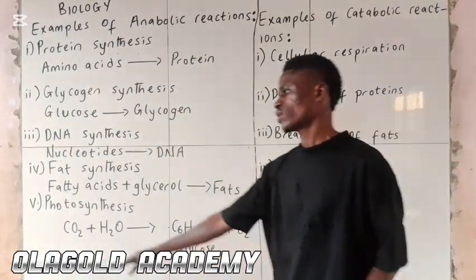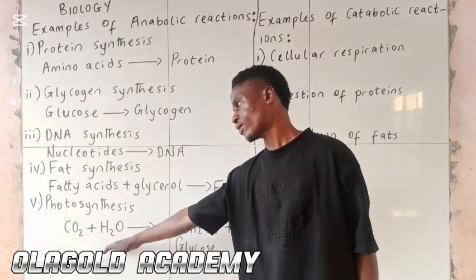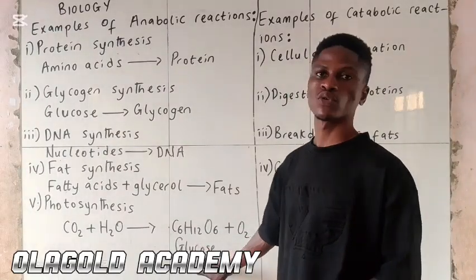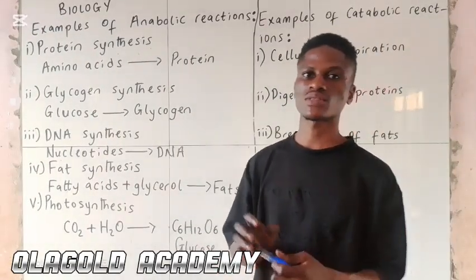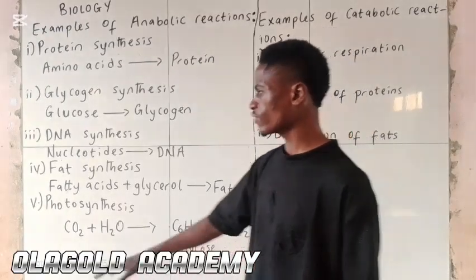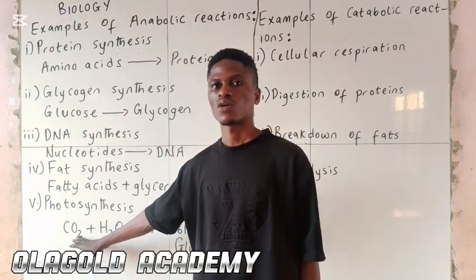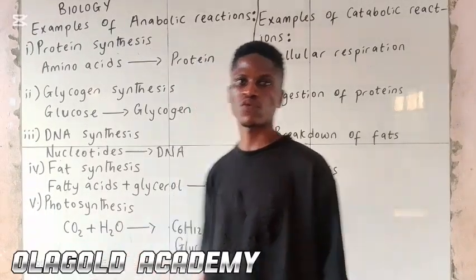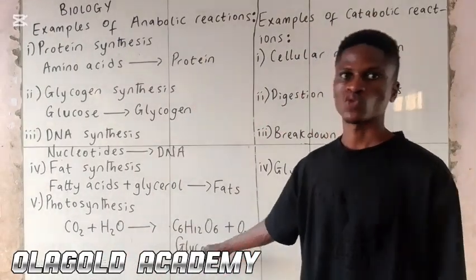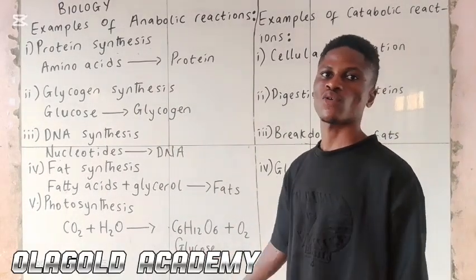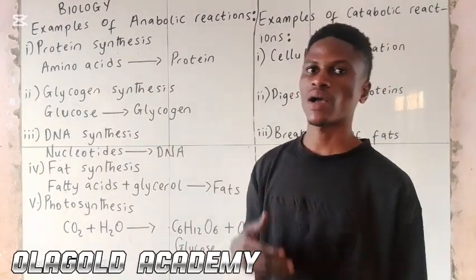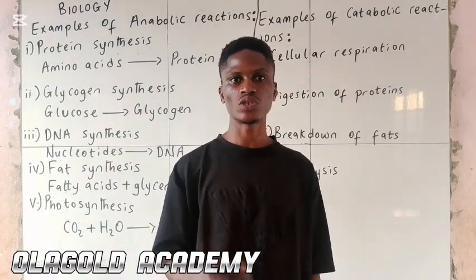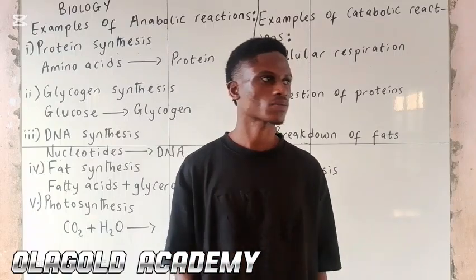So we have carbon dioxide and water combining to form the glucose, which is the product of photosynthesis. Alright, so we have sunlight also working on these two to form the glucose, with the giving out of oxygen for our use. Oxygen is the gas that we breathe in as human beings.